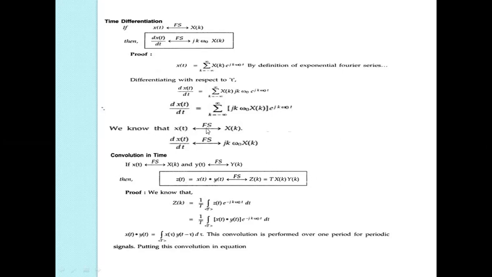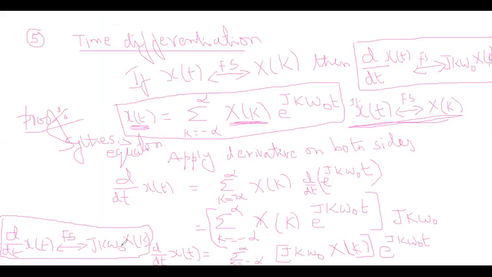We know that x of t is the Fourier series relation of x of k. By using this equation, we can say that for d by dt of x of t, applying the derivative, the Fourier series is j k omega naught x of k, with j k omega naught as the multiplication factor. Understood? That only we already proved here: j k omega naught x of k. Understood?